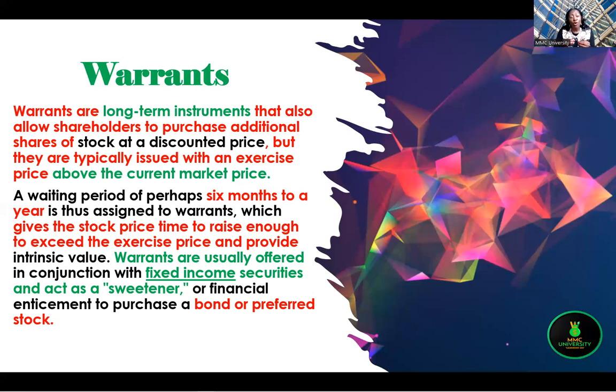And the investor is hoping that within that period of time, within that 5, 10, 15-year period, or even that 6-month period, the price of that stock is going to be higher than that. If the current price is $50 and the exercise price is $75, the investor is hoping that by the time they exercise it, maybe the stock will be selling at $85 or $90 or even $100 per share.